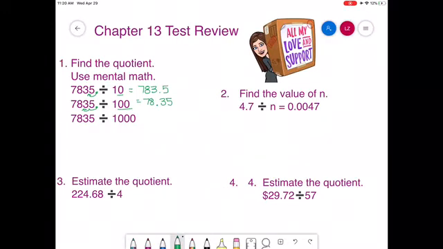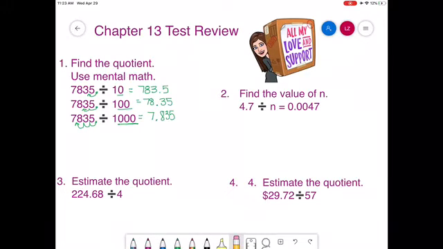If you're ending up with bigger numbers, that's not going to make sense. Here we have 7,835 divided by 1,000. So we take this decimal point and we move it over 1, 2, 3 spots. Why? Because there are 3 zeros. Now our answer for this is 7 and 835 thousandths. And that should have been what you got for the answers to number 1.